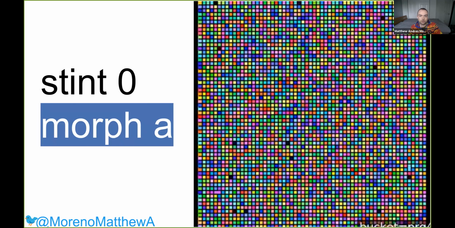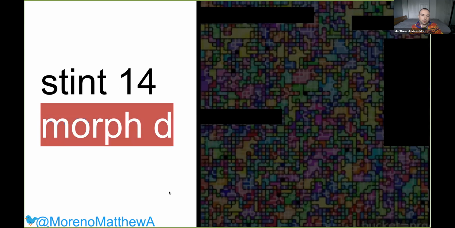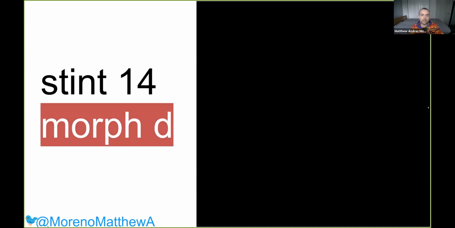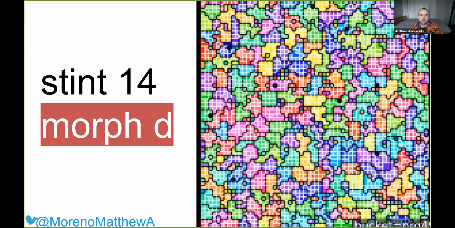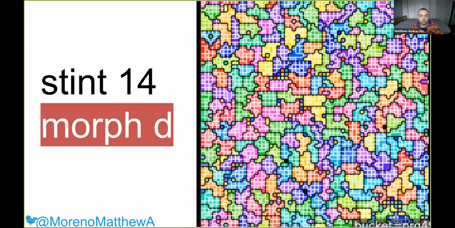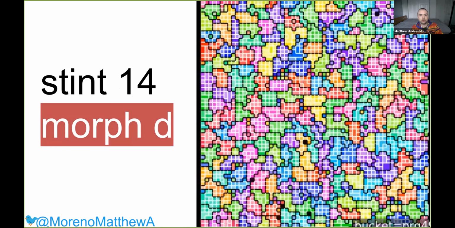Each cell was out for itself. Around stint 14, we saw cells start to form regularly sized blob kin groups, which we refer to as morph D.